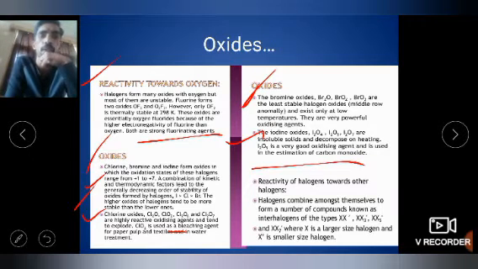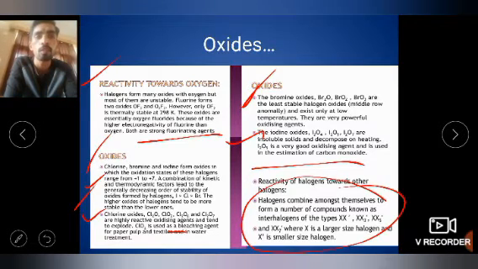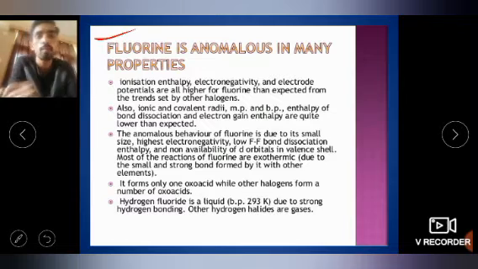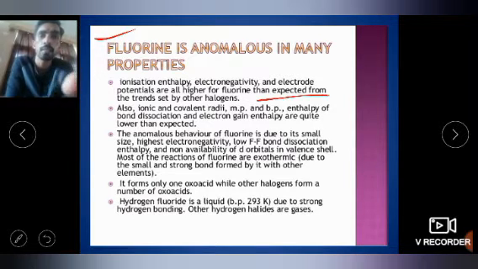Regarding the reactivity of halogens toward other halogens, halogens combine amongst themselves to form halogen compounds, which are called interhalogen compounds. As for anomalous behavior, ionization enthalpy, electronegativity, and electrode potential are all higher for fluorine than expected from the trend set by the other halogens. Ionic and covalent radii, melting point, boiling point, enthalpy of bond dissociation, and electron gain enthalpy are quite lower than the others.